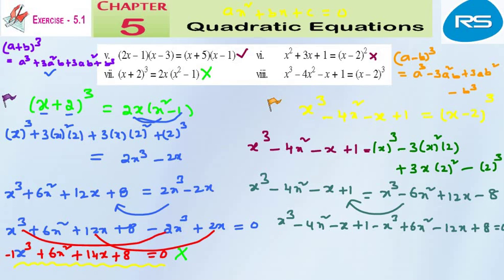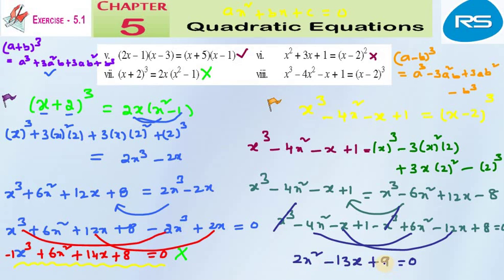If you observe carefully, these two terms cancel. Plus x cube and minus x cube cancel, and these are like terms. I can add 6 minus 4, that is 2x square, and I can add these two terms also, that is minus 13x, and the numbers we have are 1 and 8, total is 9, is equal to 0.